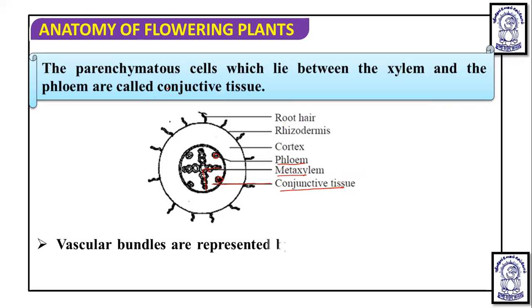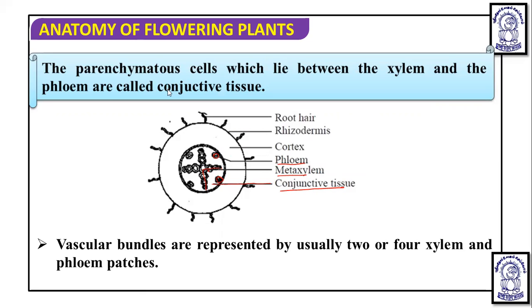Okay, now vascular bundles are usually represented by 2 to 4 xylem and phloem patches. Okay, means they are present in 2 to 4 in number. Usually they can be 2 to 6.